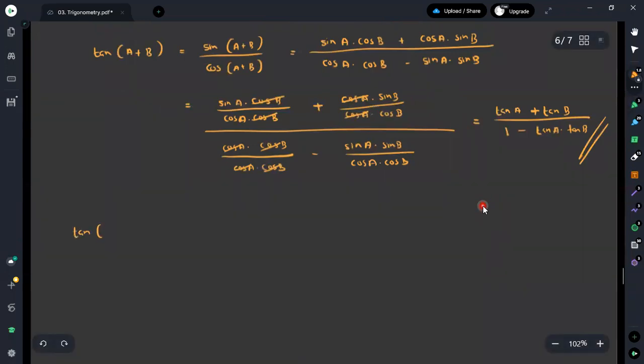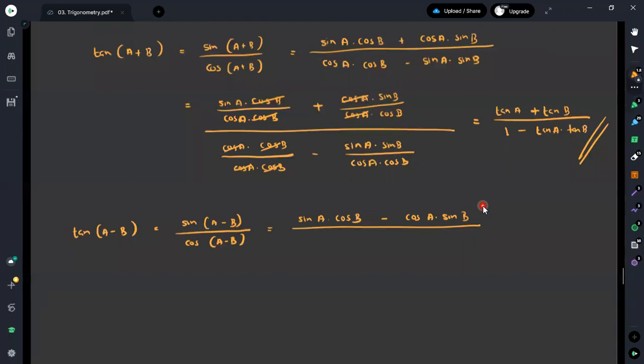Here we have the tangent A minus B. Using the quotient rule or the quotient ratios, it is equal to sine A minus B divided by cosine A minus B. What we can write here for the subtraction of two angles is sine A times cosine B minus cosine A times sine B. The entire part is divided by the equation for cosine A minus B.